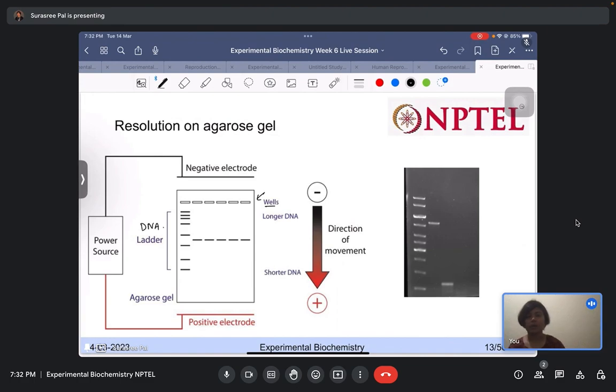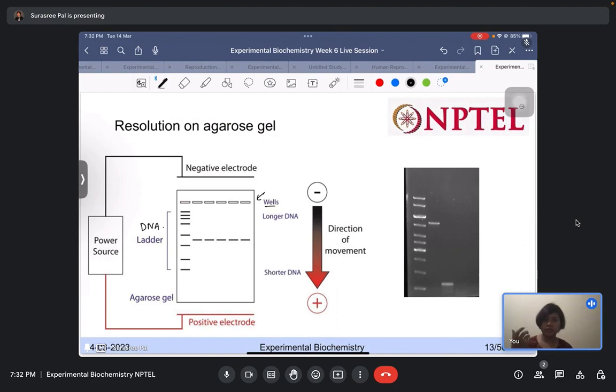The DNA ladder contains specific DNA sequences or specific DNA molecules of known molecular weight, and as they migrate on the gel, we can have an idea of the molecular weight of our samples as well. Now this is the DNA ladder.